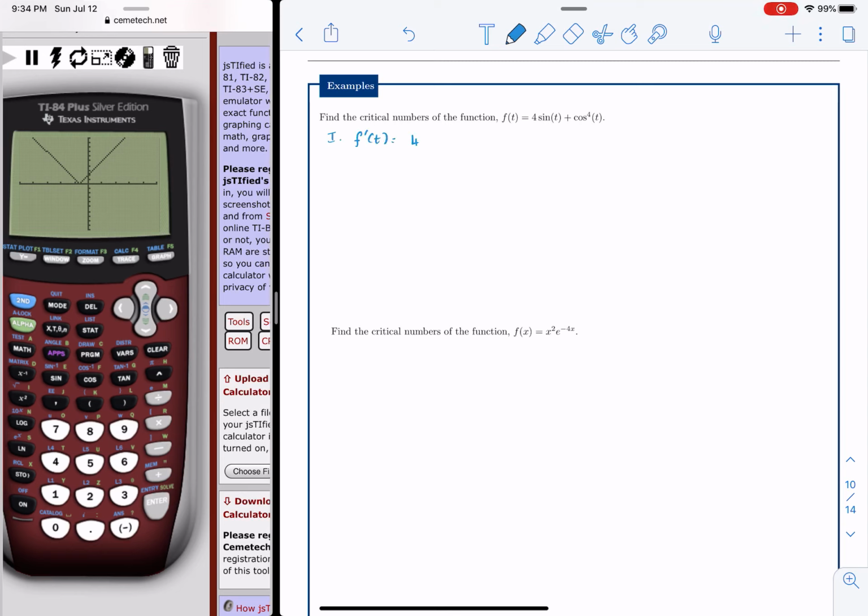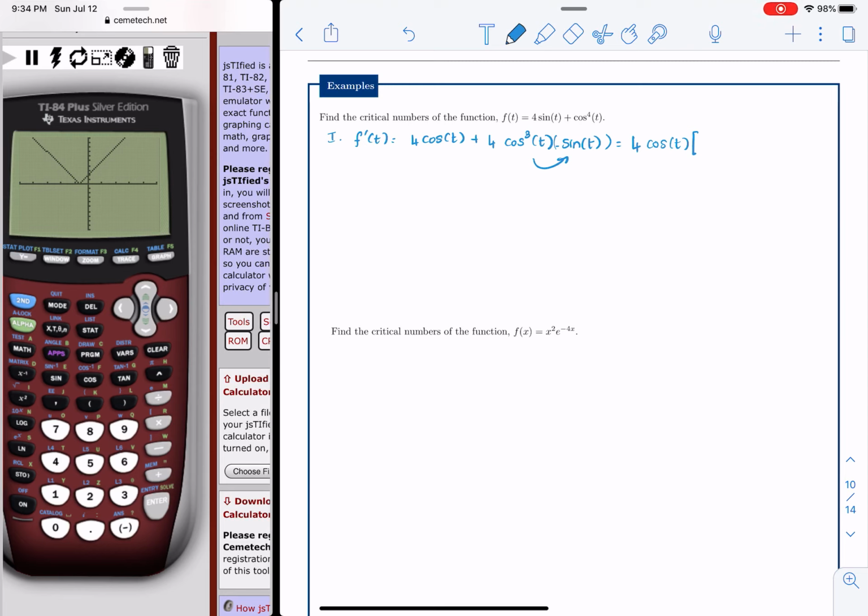So the derivative of sine t is cosine t. The derivative of cosine to the fourth t is 4 cosine cubed t, multiplied by the derivative of cosine t, which is negative sine t. So that would give us 4. I have a cosine t in common.